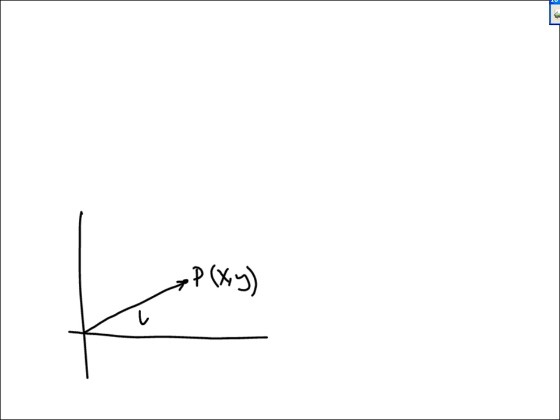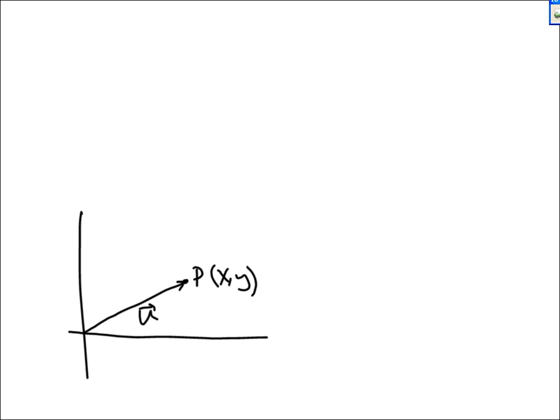Okay. The next and last thing that one typically talks about in this section is rotation. Suppose you have a point P, which is at xy. Now, point P and vector u are very similar.